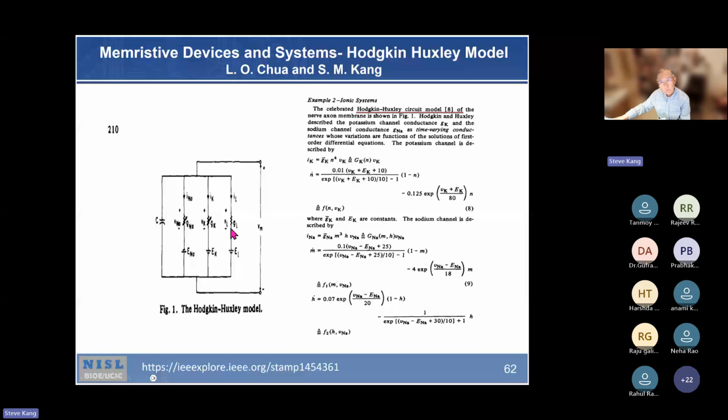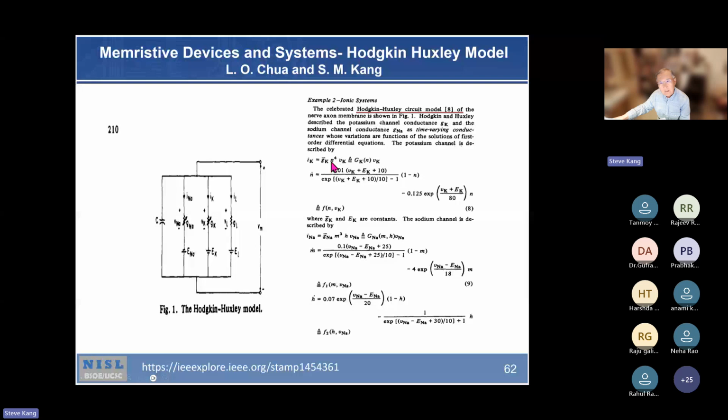If you look into the relationship between, for instance, the potassium channel current and the potassium channel voltage here, the voltage across this conductor here, it is expressed as IK is equal to GK n raised to the power of 4, times VK.